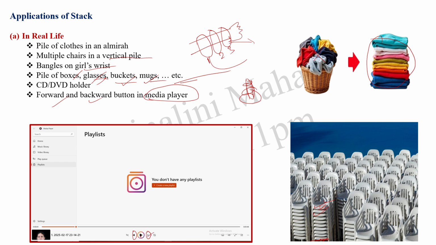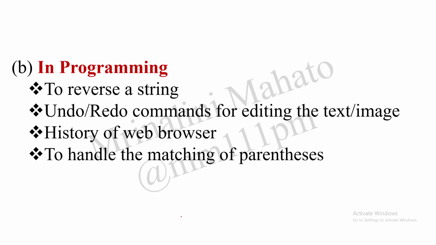I will go to forward, otherwise backward. Whenever I go forward, the next one will be played, not the next to next. Same thing for backward, whatever is just previous will be played, not back to back. Clear? So this is also a queue only. These are some real-life examples we are using in this stack.